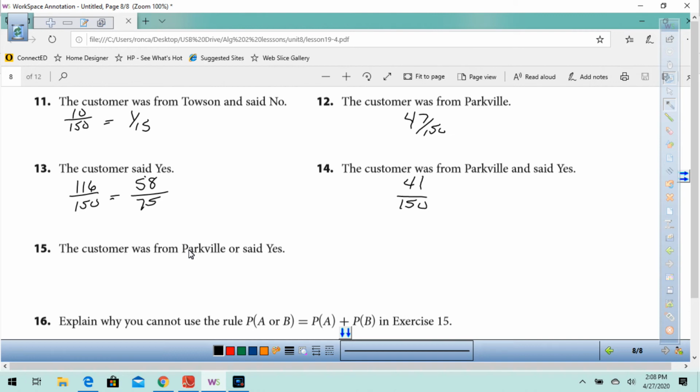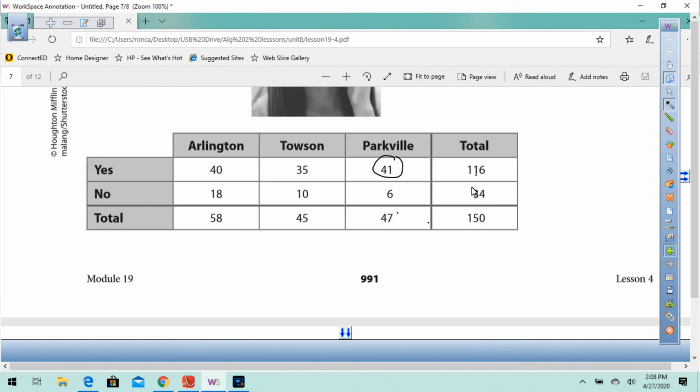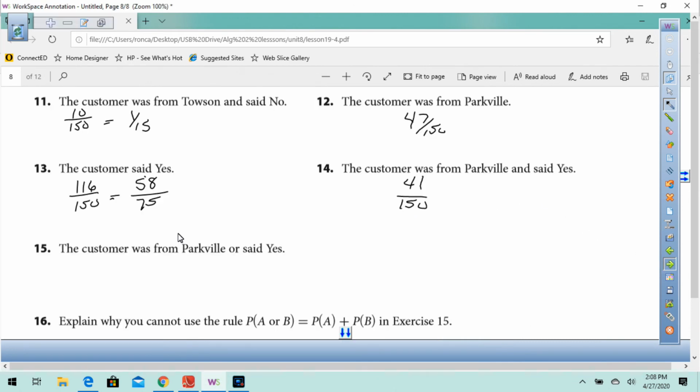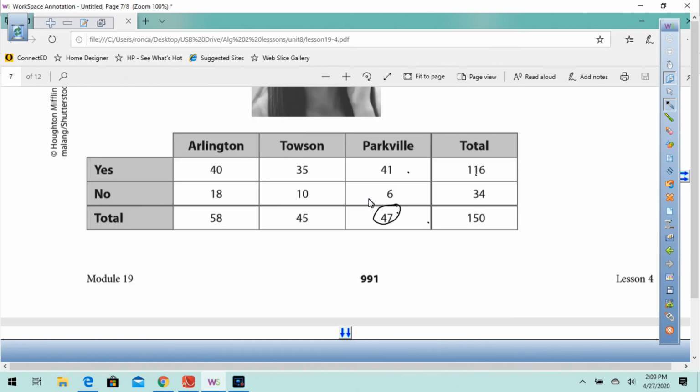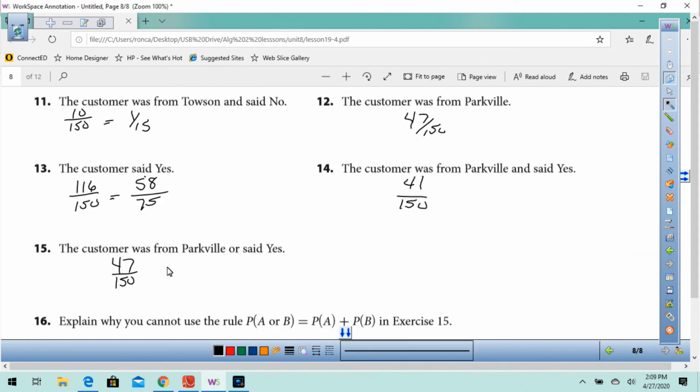The customer was from Parkville or said yes. Oh, that's a little tricky. So let's go. The customer was from Parkville. That's 47. So that's 47 over 150. Or said yes. And we had a total of 116 that said yes. Plus 116.